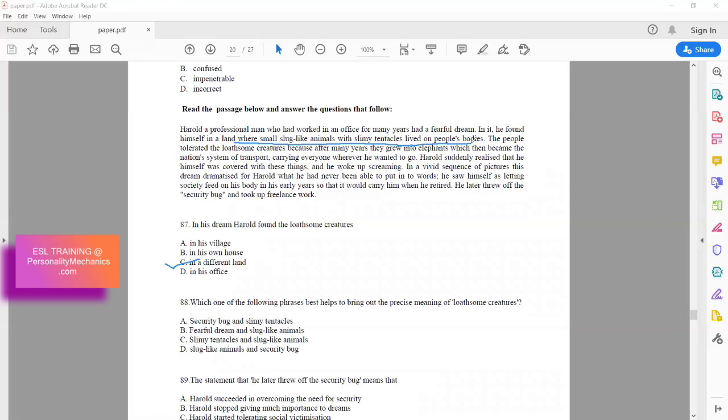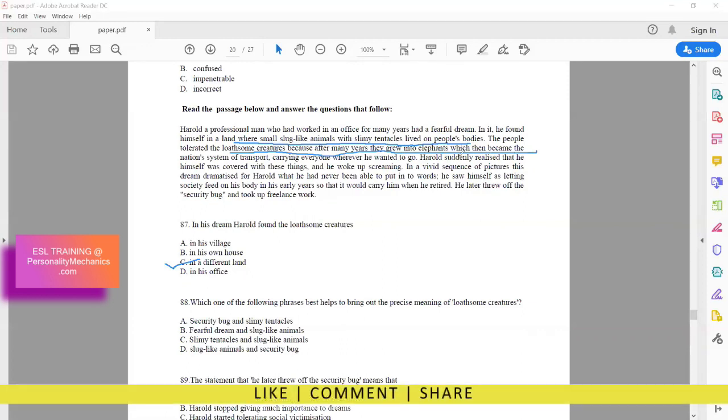So that's the idea. Tolerated the loathsome creatures because after many years they grew into elephants, which then became the nation's system of transport, whatever, right? But that is later. Today he's talking about these loathsome creatures as small, slug-like animals with slimy tentacles.